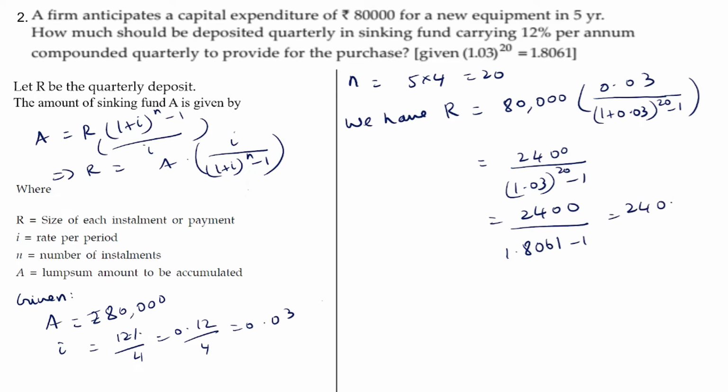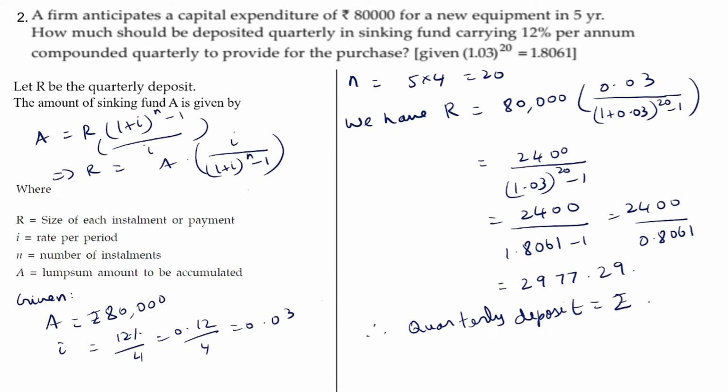So it is 2,400 upon 0.8061, which is equal to 2,977.29. Therefore, the quarterly deposit is equal to rupees 2,977.29.